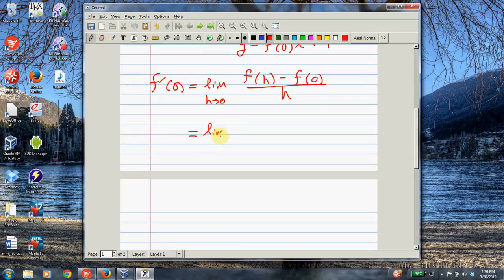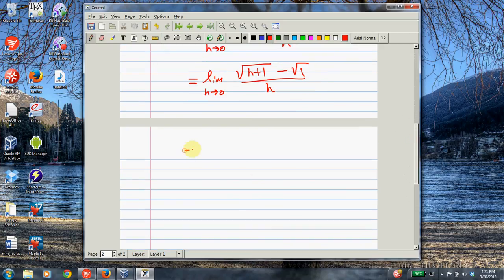So this is going to be the limit as h goes to 0 of the square root of h plus 1, minus the square root of 1, which is 1, all over h. I can make it a little bit simpler because I know the square root of 1 is 1. 1 to any power is 1, by the way. And so we'll go square root of h plus 1 minus 1, over h.